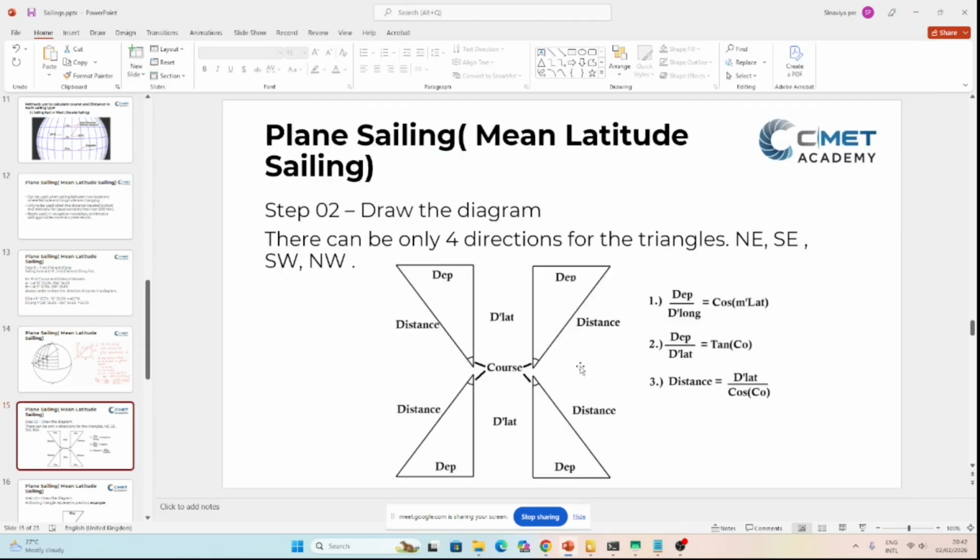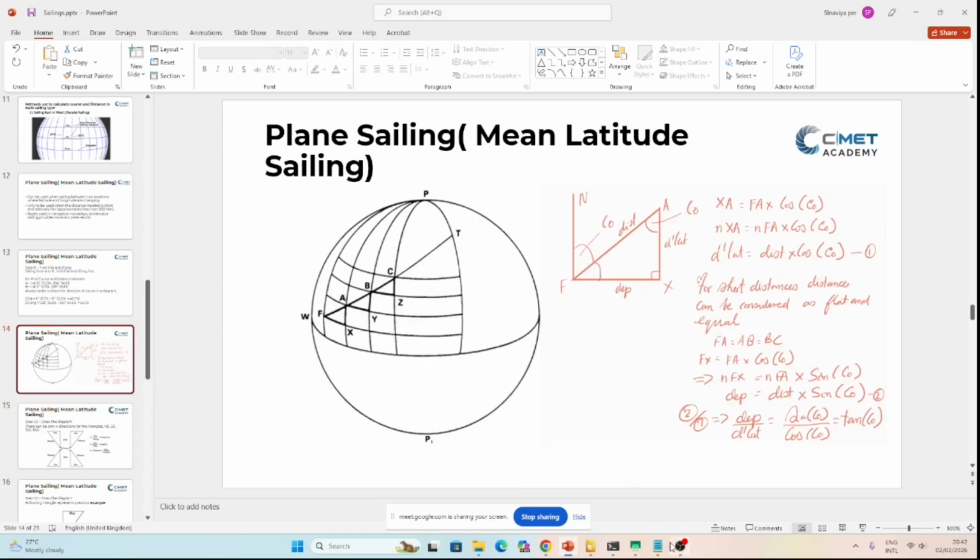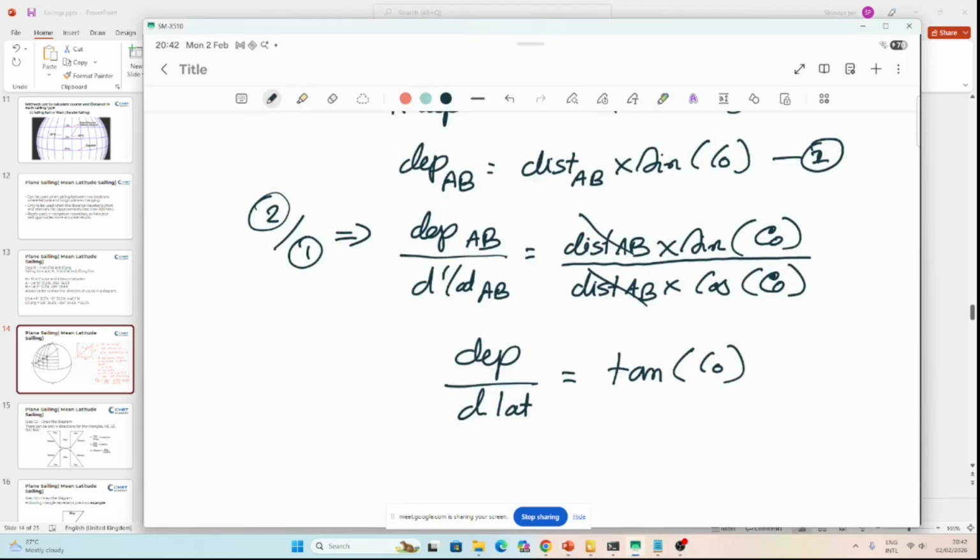Okay, you can even see it here. Departure divided by dlat is equal to tan. Alright, so are we good, guys?